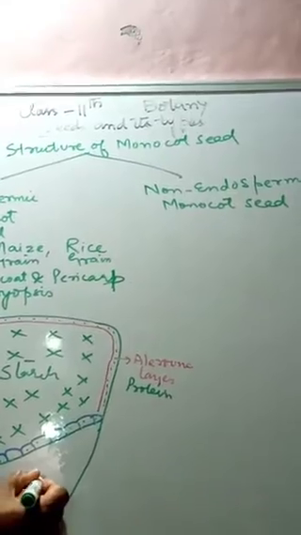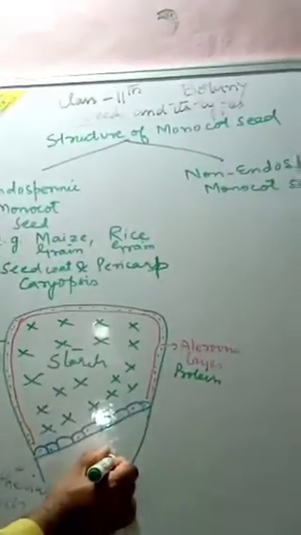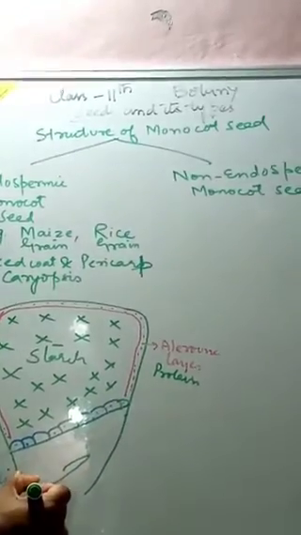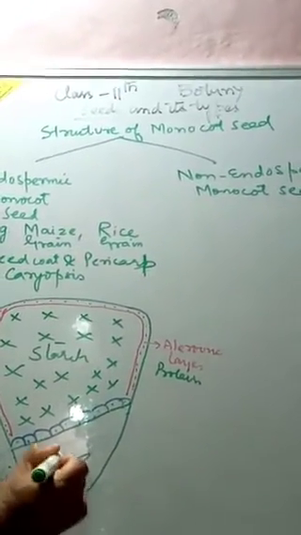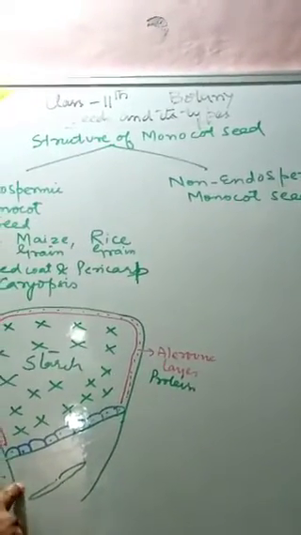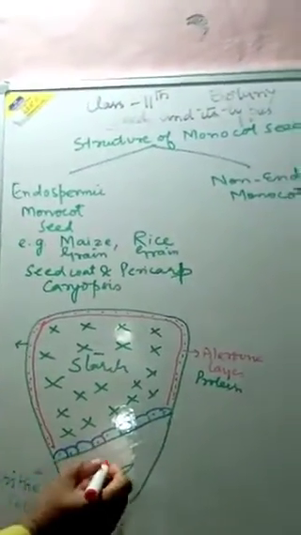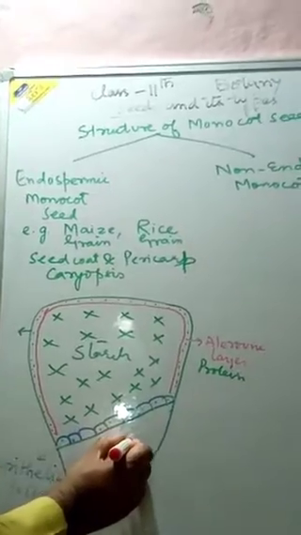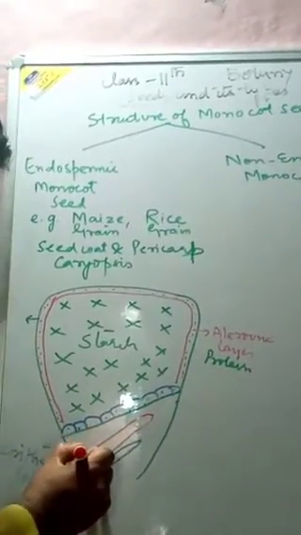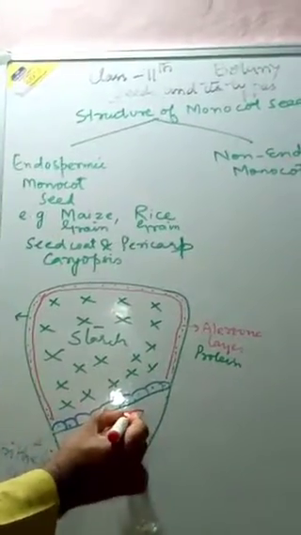In the embryo, what do we see? There is the embryonic axis. The cotyledon here is somewhat flat, somewhat papery, a very thin structure.